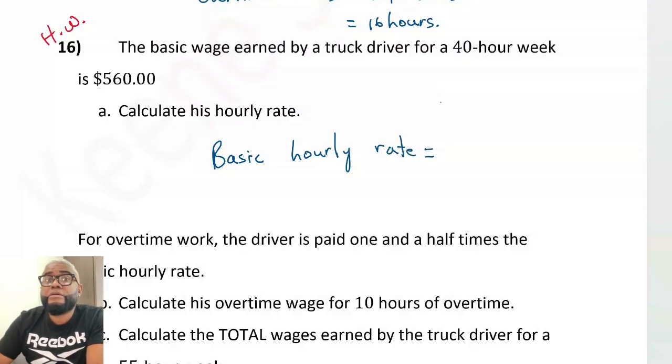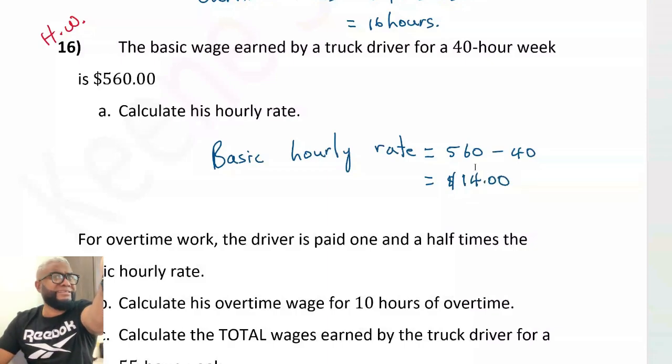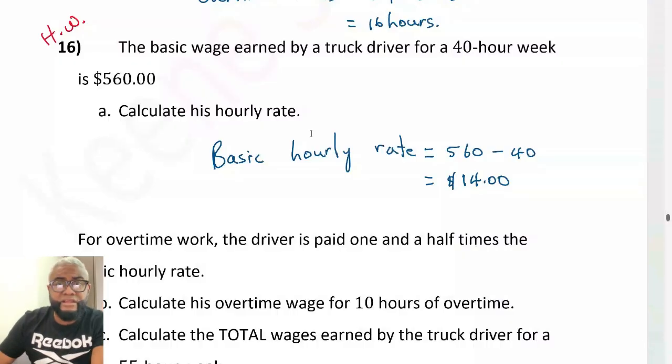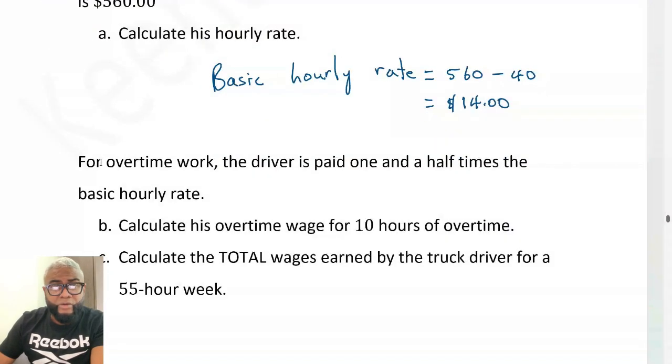What are we doing? 560 divided by 40 would tell me how much I'm earning per hour. How much did it work out to be? 14. Everybody got there? This is practical for you, right? This is life. So that's how much you're making per hour.